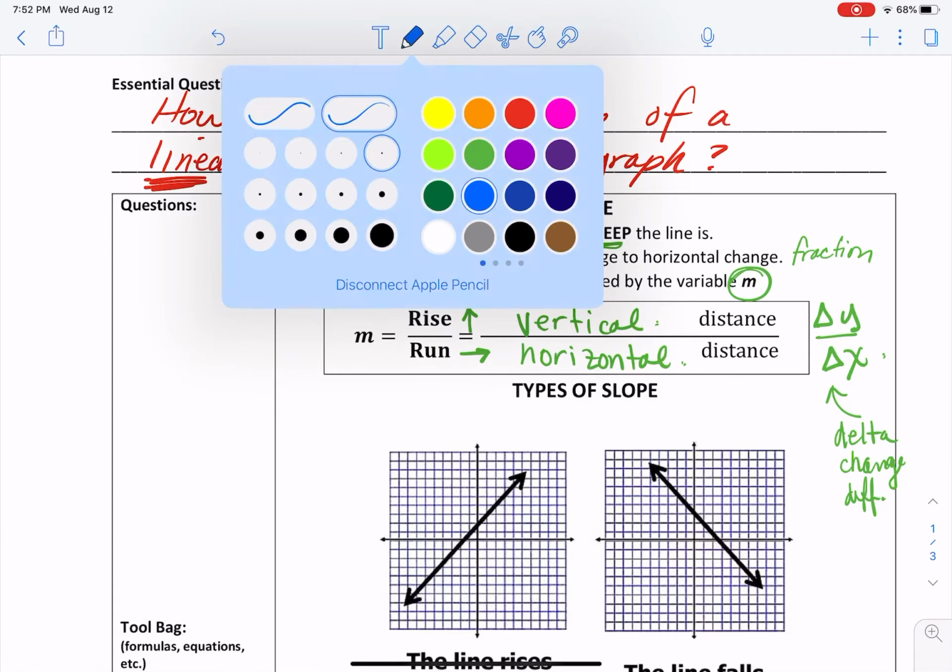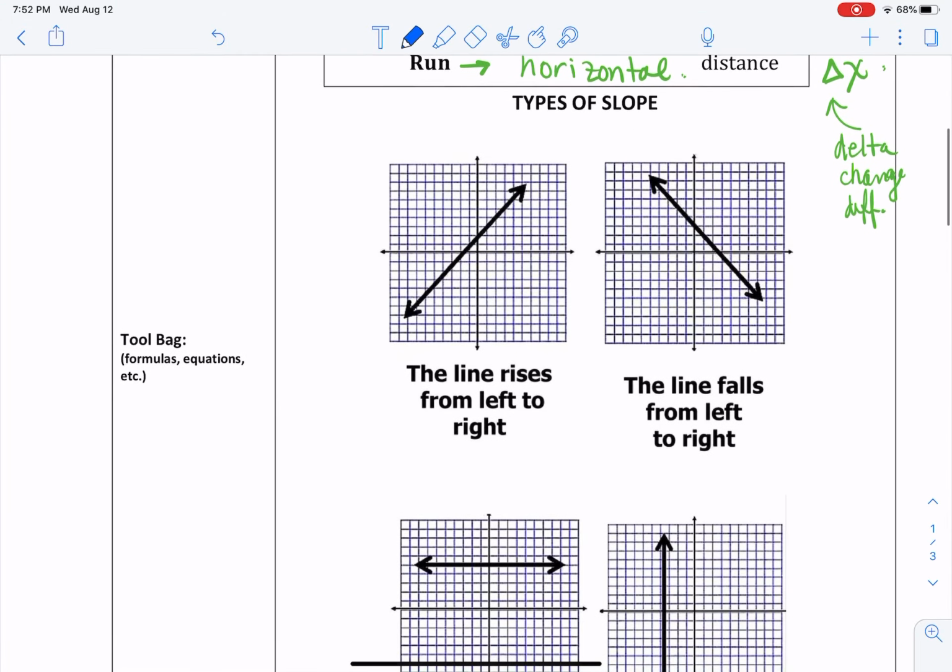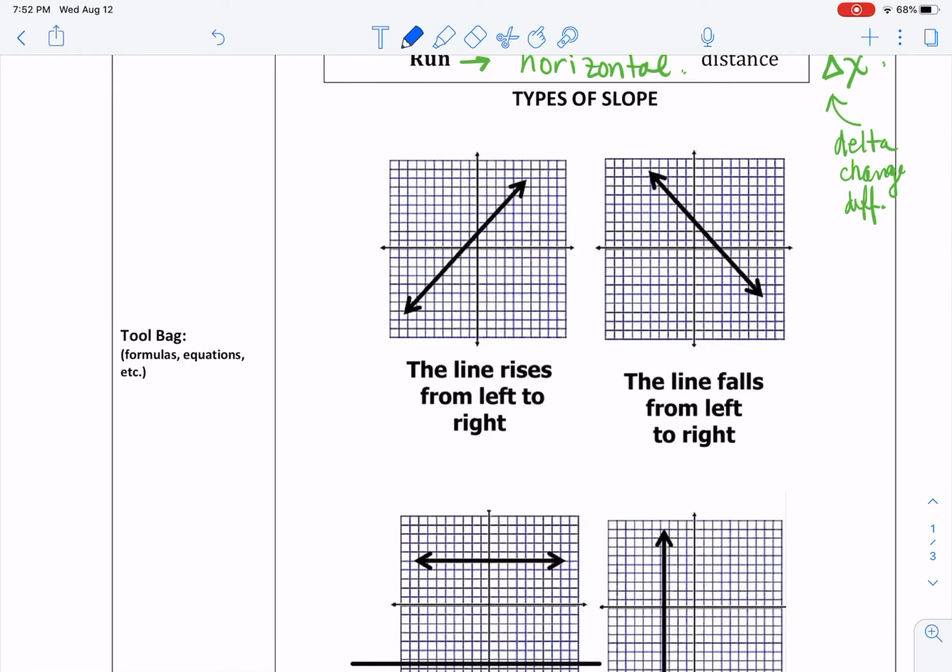So when we're talking about slope, there are four kinds or directions of slope. There is positive slope, there is negative slope, and when we talk about them, positive rises from left to right.